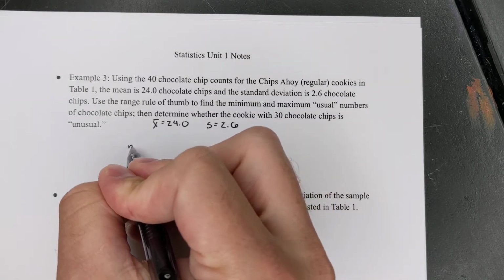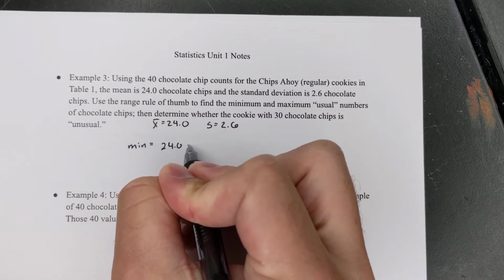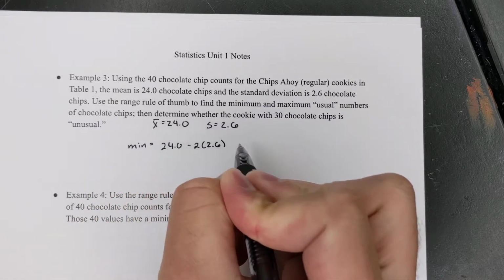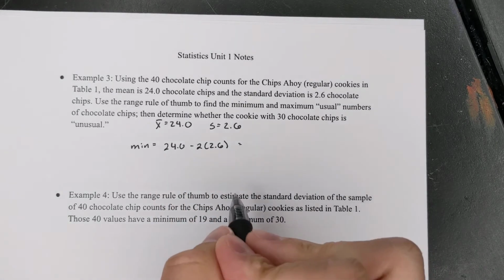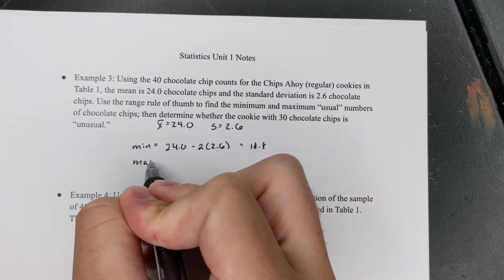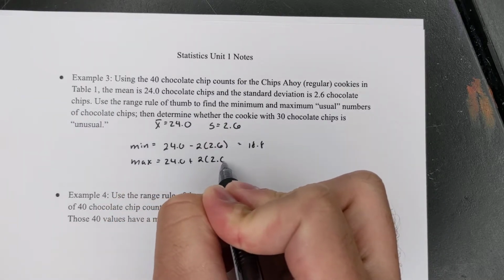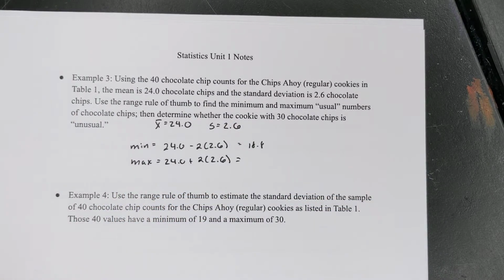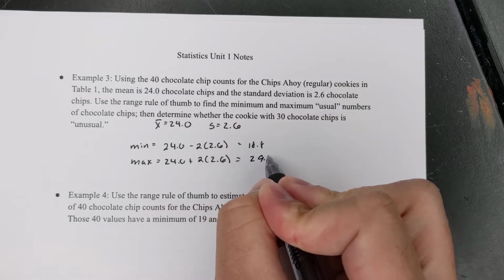To find the minimum, you take your average and subtract 2 standard deviations: 24 minus 2 times 2.6 is 18.8. To find the maximum usual value, you take your average and add 2 standard deviations: 24 plus 2 times 2.6 gives us 29.2.